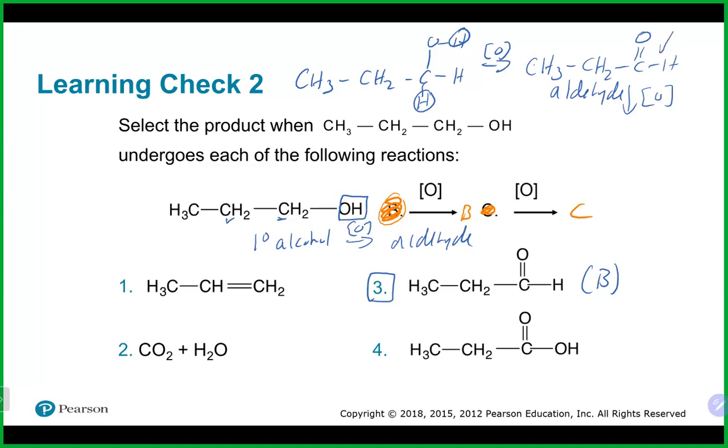The second oxidation is where the oxygen just gets inserted there, and everything else stays the same. And by the way, if you knew it was a carboxylic acid, that's the only carboxylic acid present as well. So you could quickly identify what you get without drawing it, if you understand the functional groups and what you get as a result of those reactions. Any questions on that?